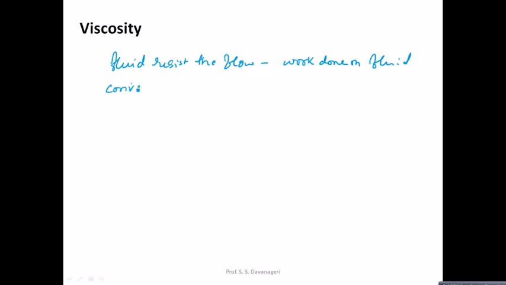Now this work done is converted into heat because of the resistance or because of the friction. Now as the work done is converted into heat, the surrounding temperature is going to rise.